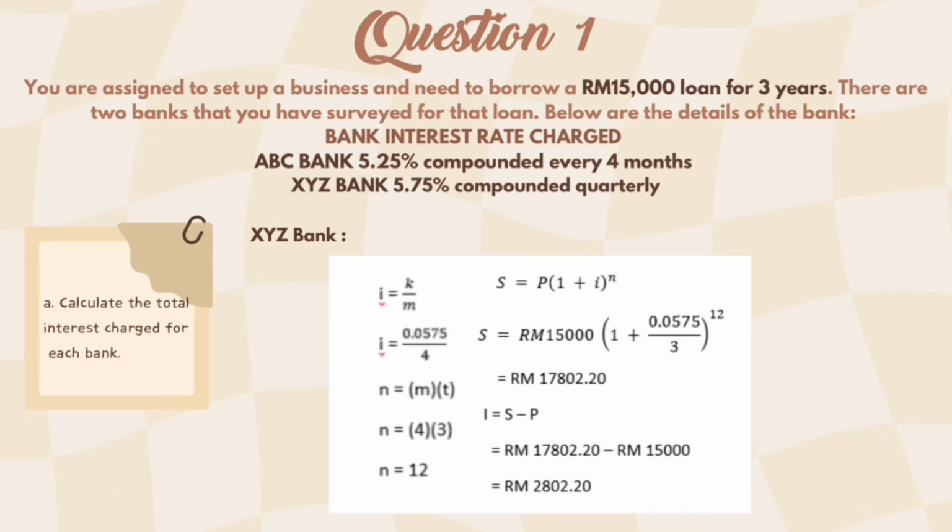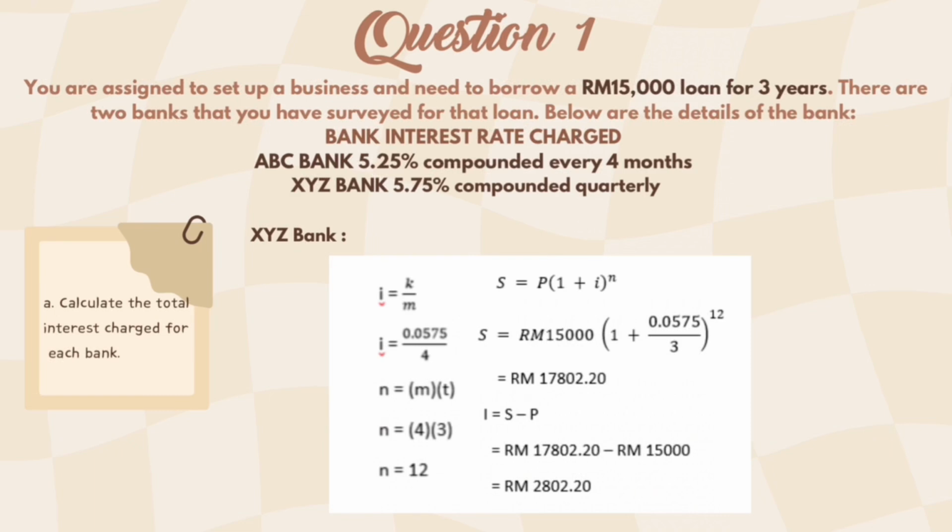The annual interest rate is 0.0575, but since the loan is compounded quarterly, we have to divide the annual interest rate by 4 to get I equals 0.0575 divided by 4. Then, we calculate the total number of periods. There are 12 periods since the loan is for 3 years and compounded quarterly.